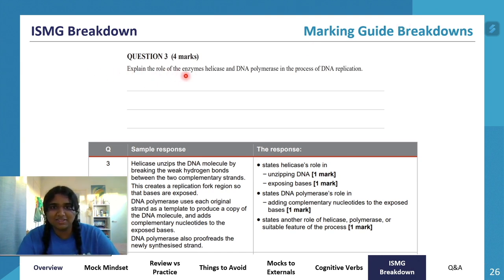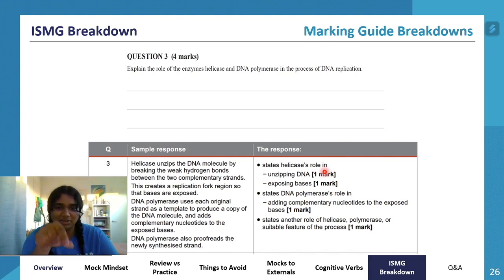Explain the roles of enzymes helicase and DNA polymerase in the process of DNA replication. 2 of the marks were dedicated to helicase's role, right? So you got 1 mark for saying that it unzipped DNA, 1 mark for saying exposed bases. If you had told any other piece of information about the enzyme helicase, you wouldn't have gotten the 2 marks. They were super specific.